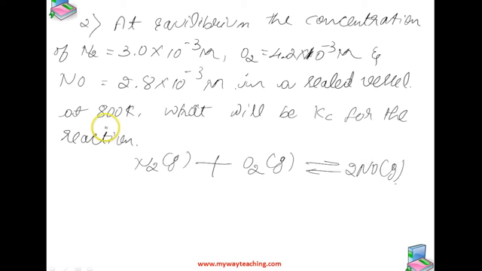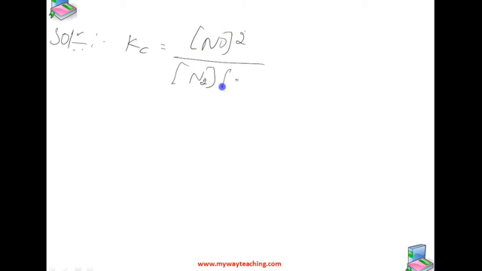Okay, so I will solve the problem here. We know the equilibrium constant Kc, where this is dinitrogen and this is oxygen. The Kc value uses the NO value, N2 value, and O2 value.